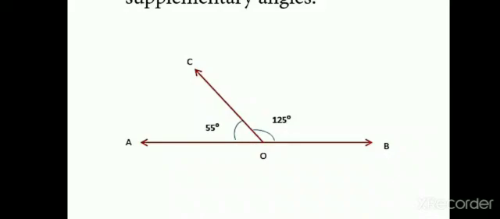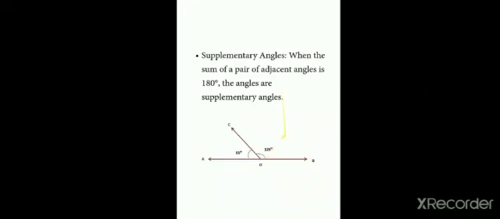So they are adjacent angles. The sum of the two angles, 55 degrees plus 125 degrees, is 180 degrees. So that's why it is called a supplementary angle.